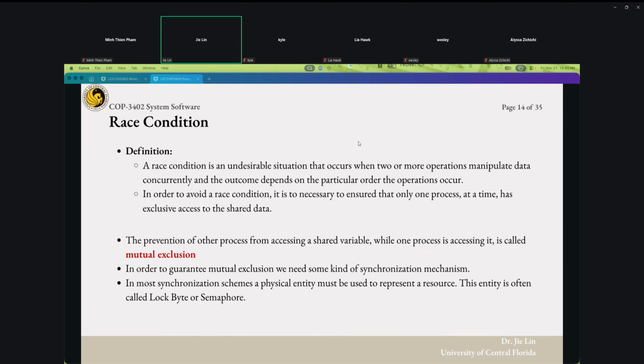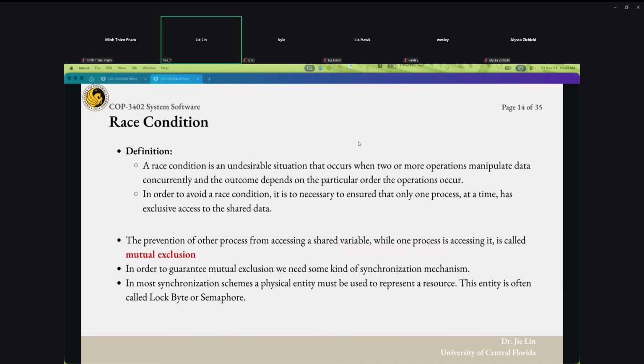The scheduler decides which process runs. To avoid this, we must ensure one process at a time has exclusive access to the shared data while modifying it. So the requirement is called mutual exclusion. When one process is inside its critical section, no other process should be allowed to enter the same section.